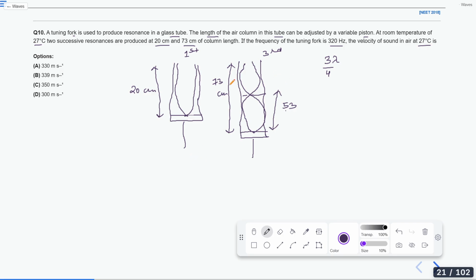So the subtraction of these two lengths, 73 minus 20, that remaining 53 centimeters corresponds to lambda by 2. From here you can calculate the lambda. Lambda is 106 centimeter.